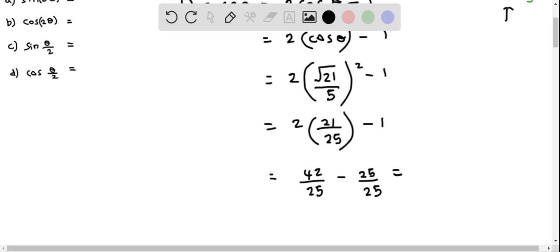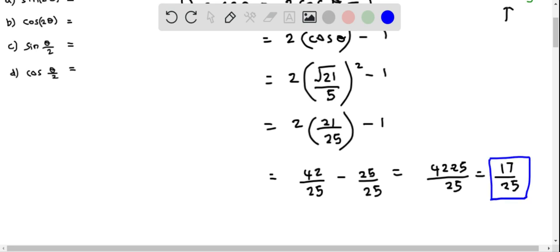So we can simplify the fraction: 42 minus 25 over 25. So this becomes 17 over 25. This is the exact value of the trigonometric expression cos of 2 theta.